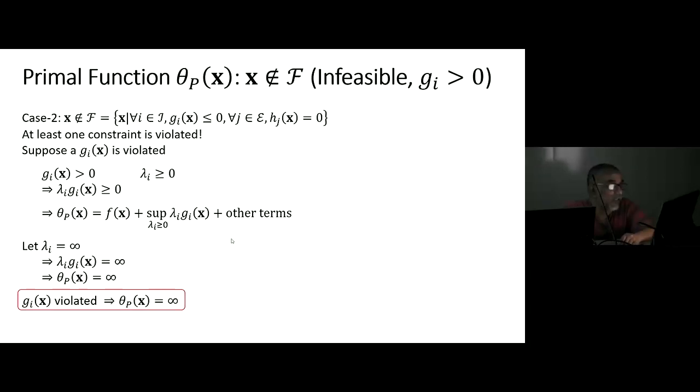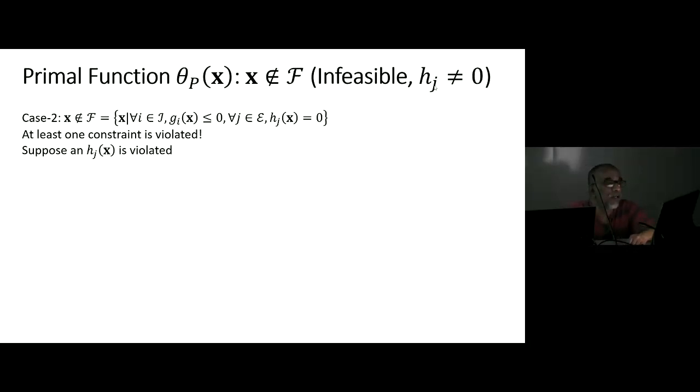Okay, so this is the second case, where g i is greater than 0. One of the inequality constraints is violated. Now let's look at the other sub-case of case 2, where x is infeasible because an equality constraint is violated.